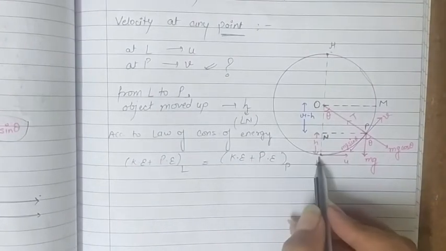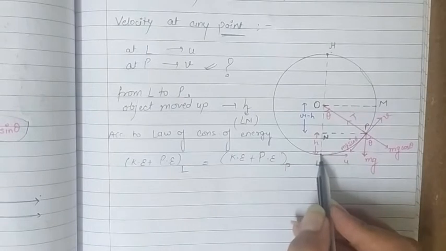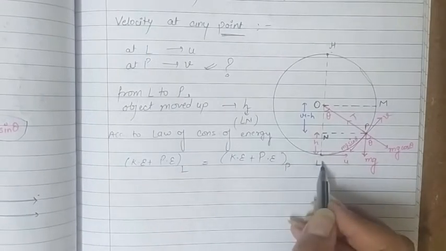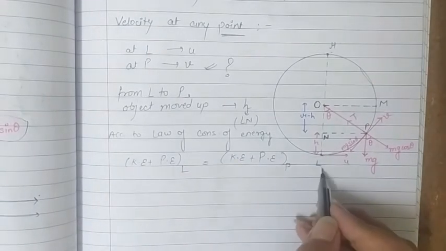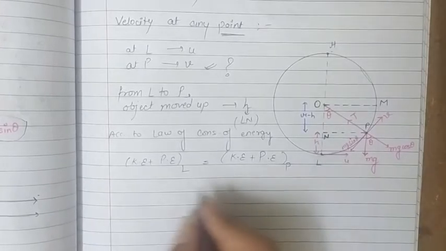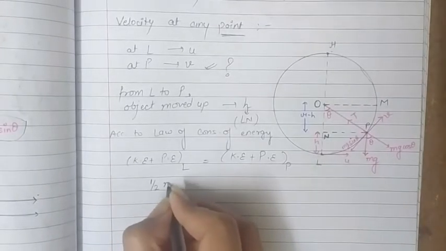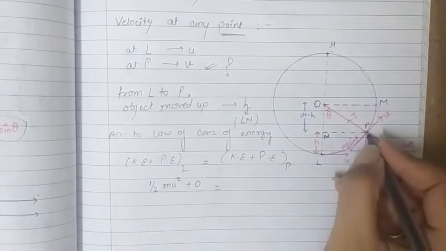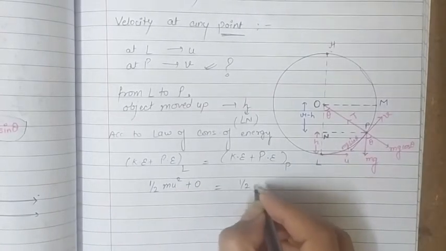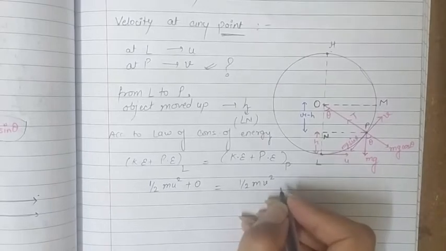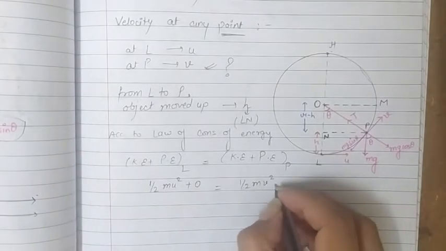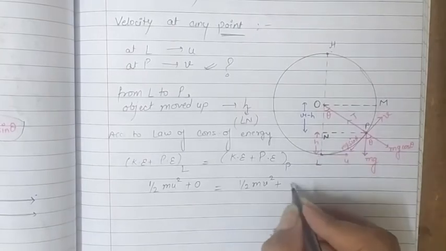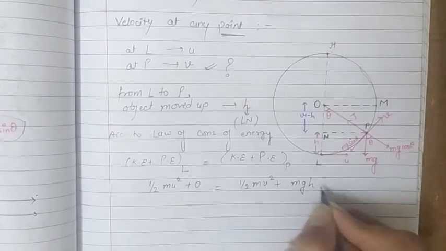Now if we consider L as the reference point, then it is at height 0, and its potential energy will be 0. So at point L the kinetic energy is half mu square plus potential energy 0, while at point P its kinetic energy is half mv square, because at point P we have considered the velocity v, and it travelled a vertical height of h, so its potential energy is mgh.